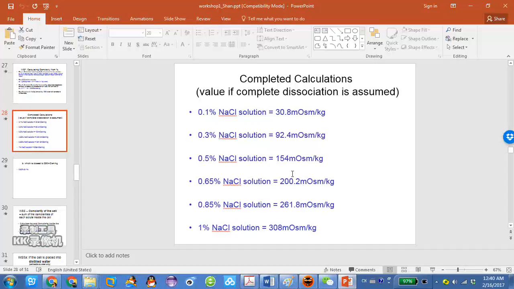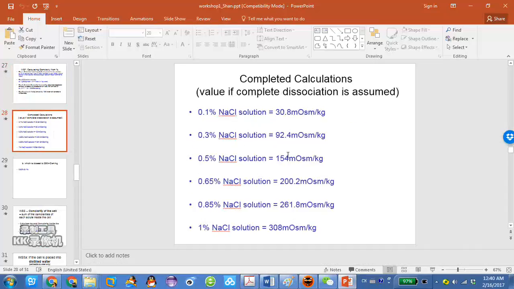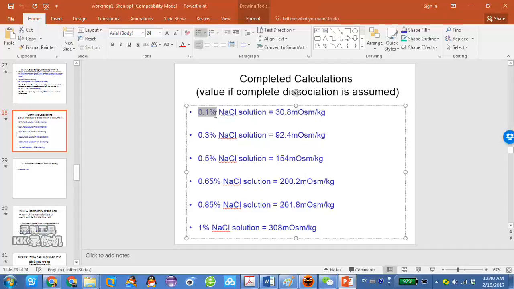For the other numbers in this question, you can use exactly the same method to calculate them one by one, or you can use a simpler method. Since everything in the comparison between 0.1% NaCl solution and 0.3% NaCl solution is linear, all of the calculations should be proportional.